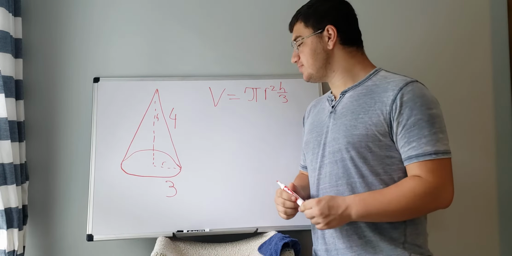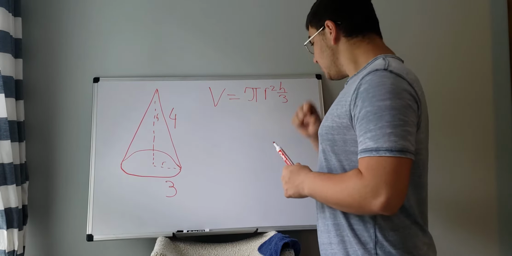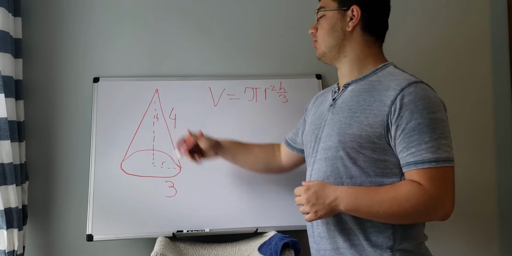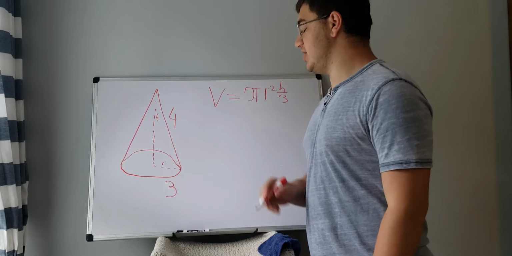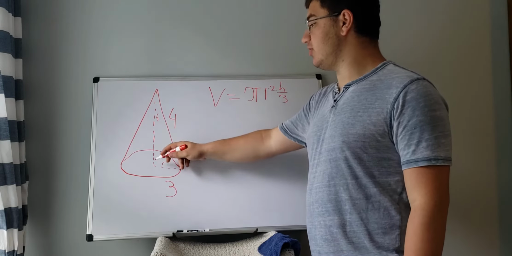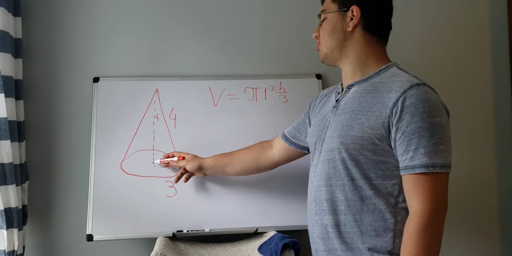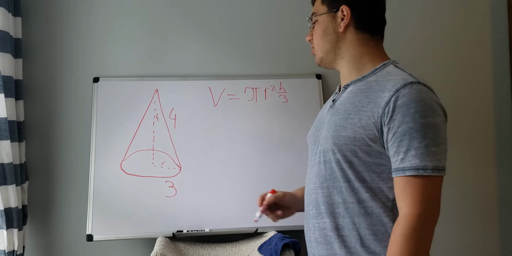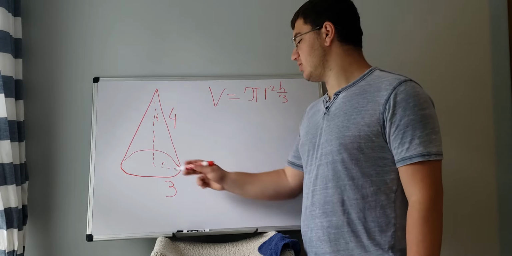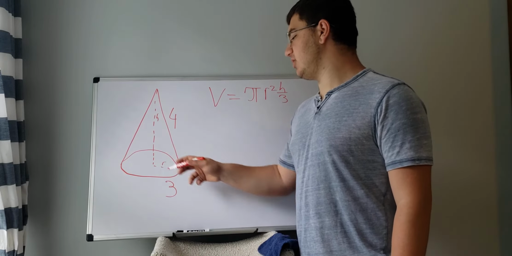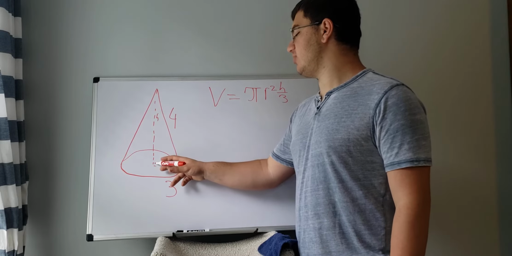Without further ado, let's get started. Here we have our cone, and we have a height and a radius. The height is shown from the tip to the base, and the radius is from the center of the circle to the outside. It could be anywhere, from here to here, or from here to here.